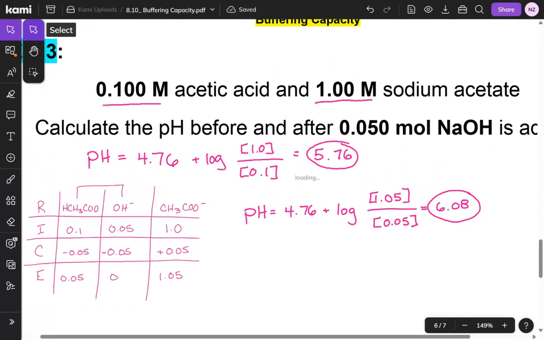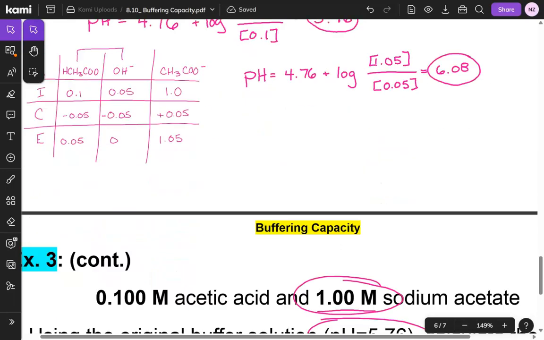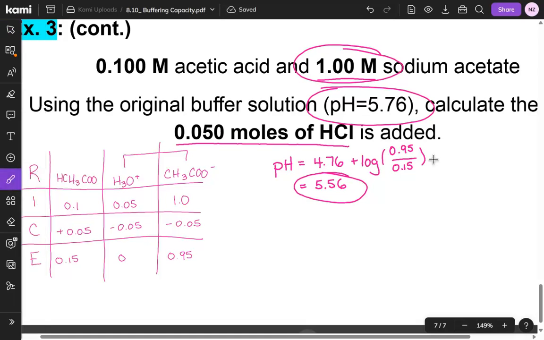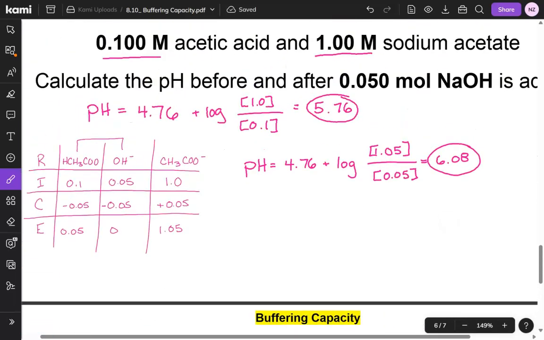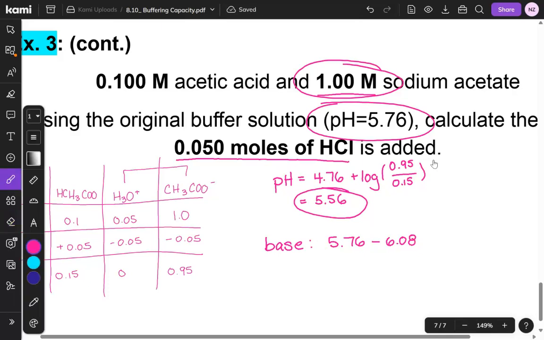So if we go back previously, when we added a base to the same buffer, it moved to 6.08. Okay, so let's look at the difference. So when we added a base, our pH was 5.76, and it went to 6.08. So, oops, let's take the absolute value of that because we don't want a negative number.